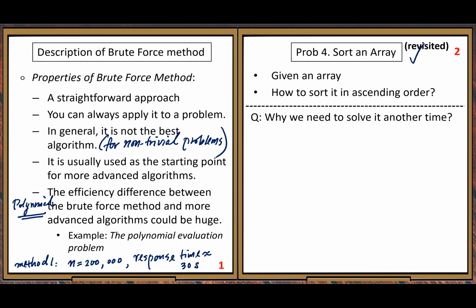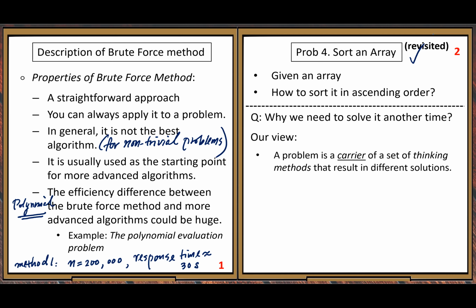So let me explain in this way. Our view is this: a problem is a carrier of a set of thinking methods that result in different solutions. What is our goal?